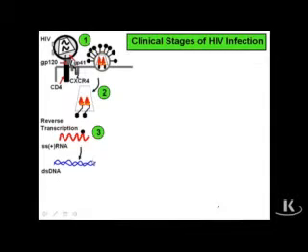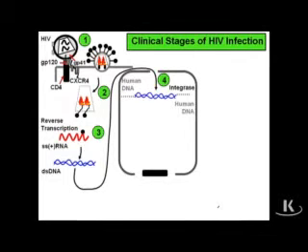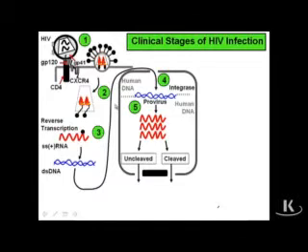That's the first part of replication. Now, with the integrase that the virus makes, we integrate that viral DNA into the genome. Every time you get transcription from that area of the genome, you're going to make virus.